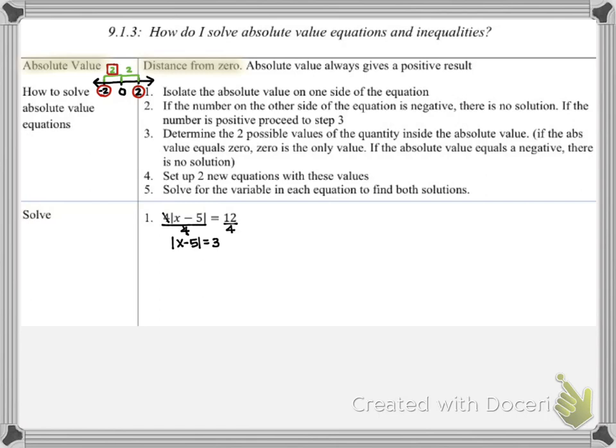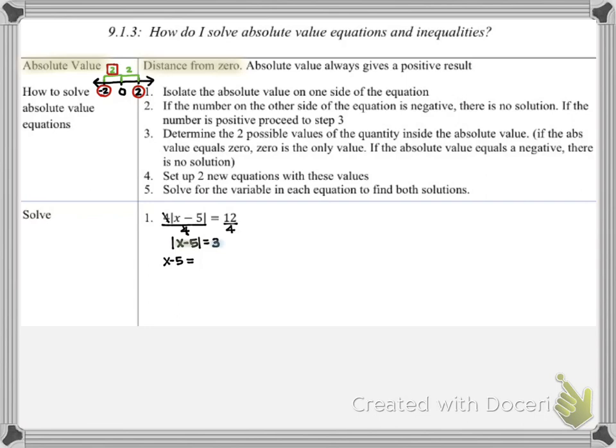what number or numbers, so follow my highlighting as I go here, what numbers represented by the inside, that's my x minus 5, have a distance of 3 units away from 0.